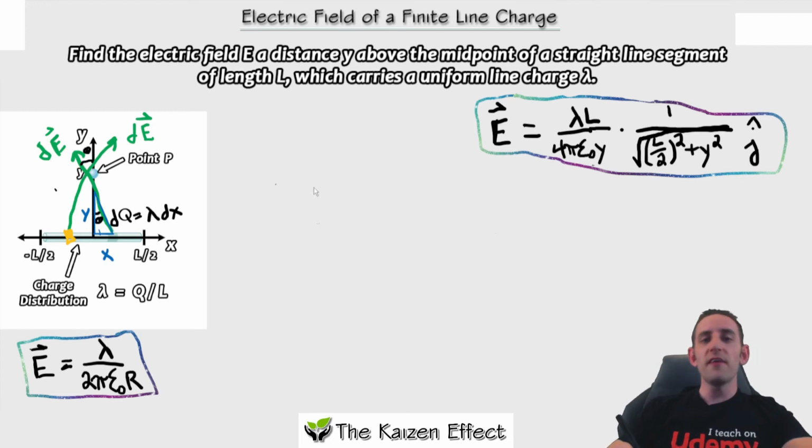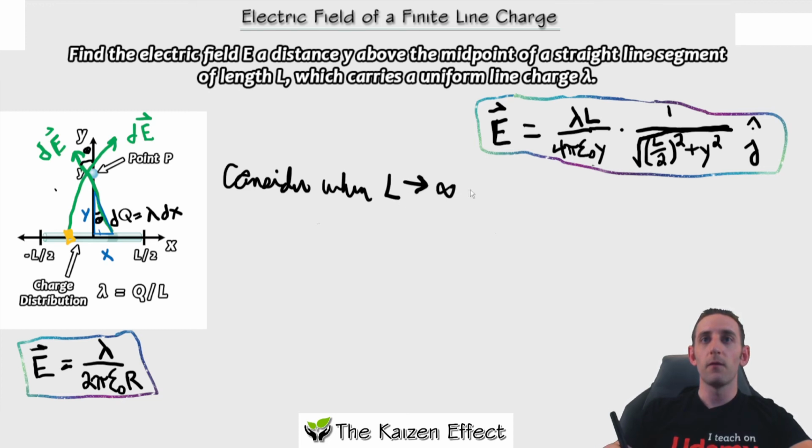Well, what's the difference between the two? That's the question you have to ask. The difference is we took the length L and set it to infinity. So let's consider the case when L goes to infinity or L is much larger than y.